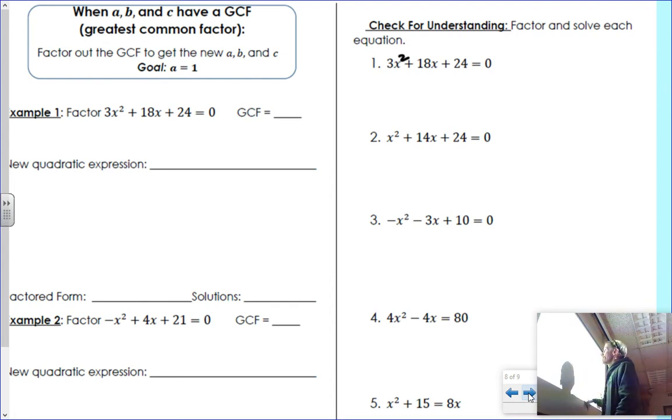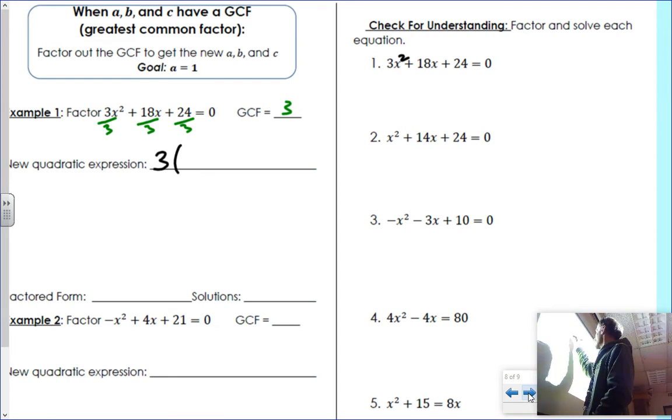So in this case, I notice I got 3, 18, and 24. If I divide all of those by 3, in other words, that 3 is my GCF, then I can rewrite this as 3 times parentheses x squared plus 6x plus 8.